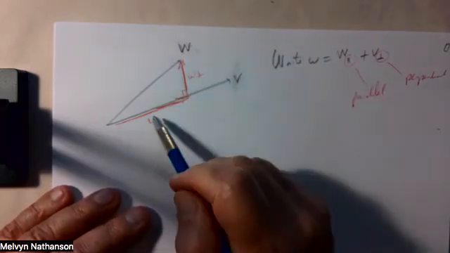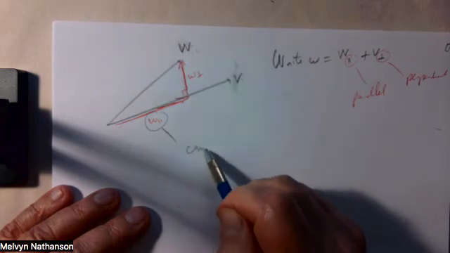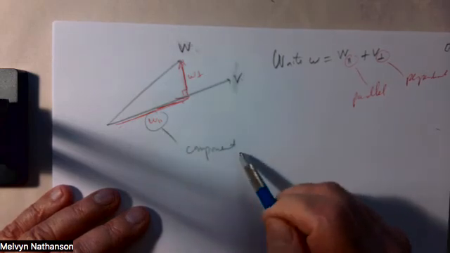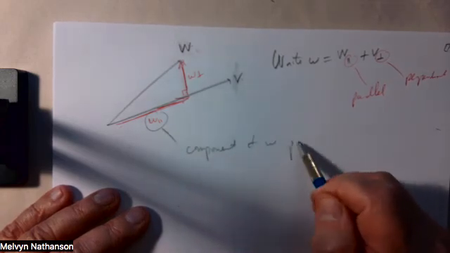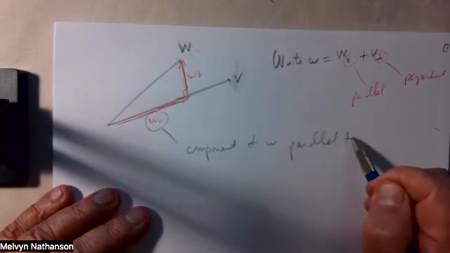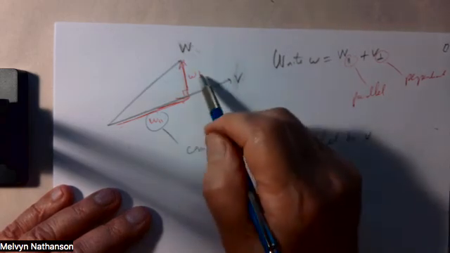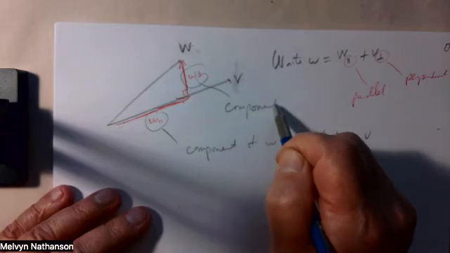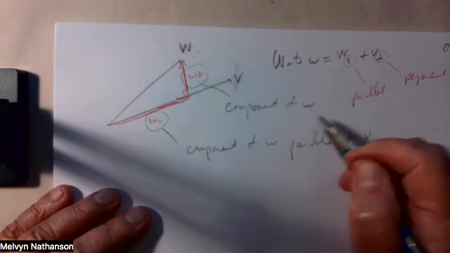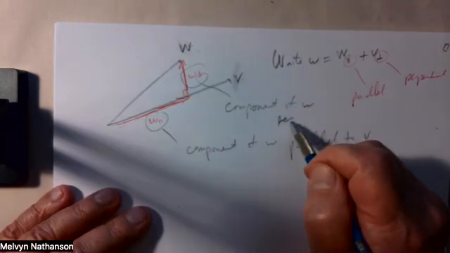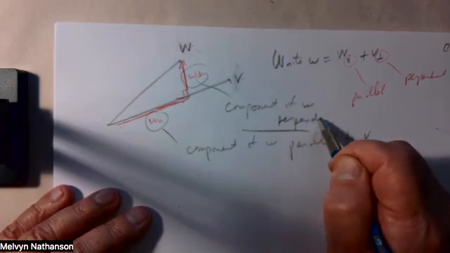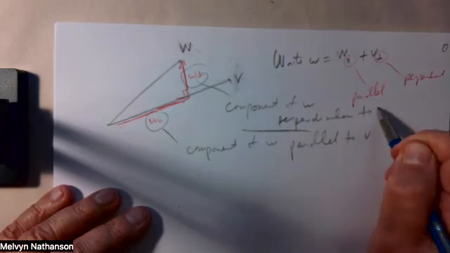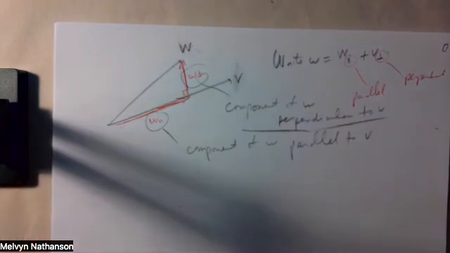So we would say this is the component of w parallel to v, and we would say this is the component of w perpendicular to v.